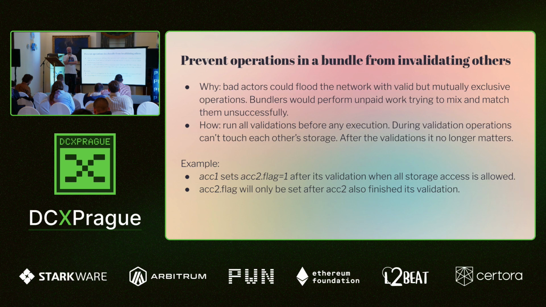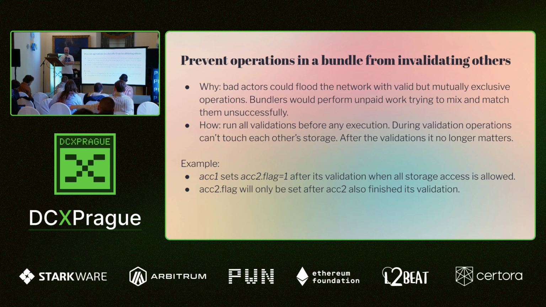So validations cannot invalidate each other. However, execution can. So if, for example, we have transaction 1, which during its execution modifies a state that transaction 2's validation looks at, then transaction 1 can invalidate transaction 2.